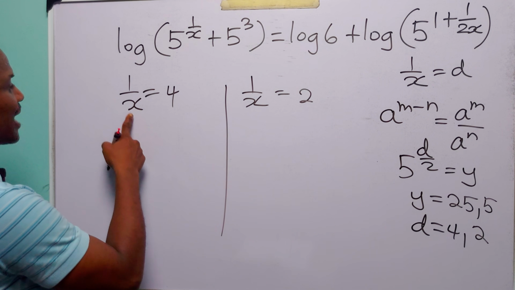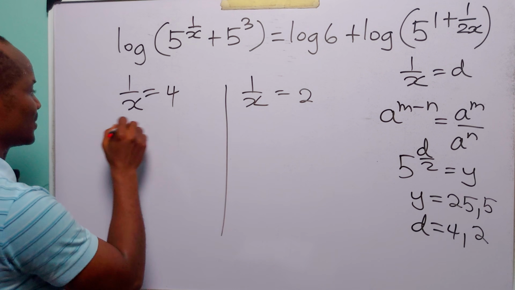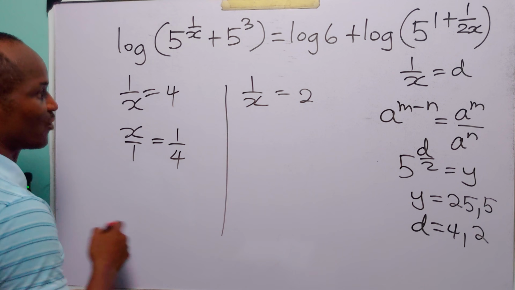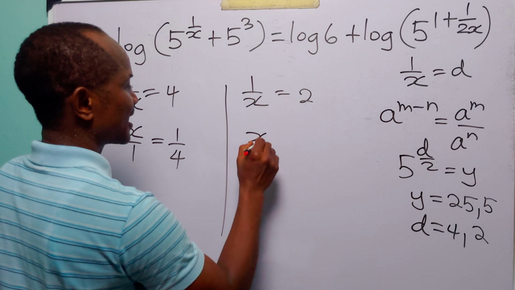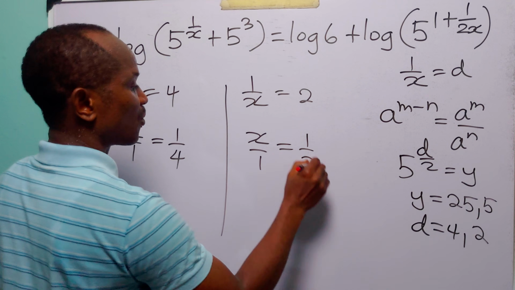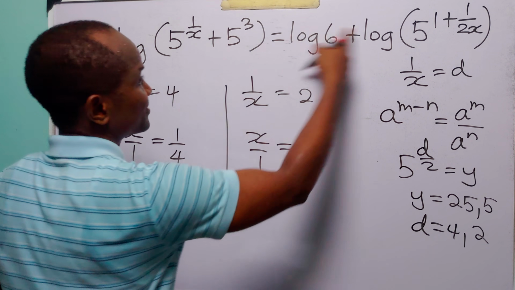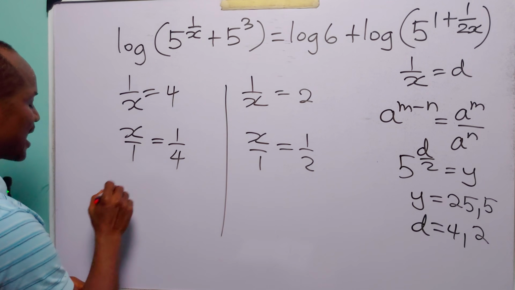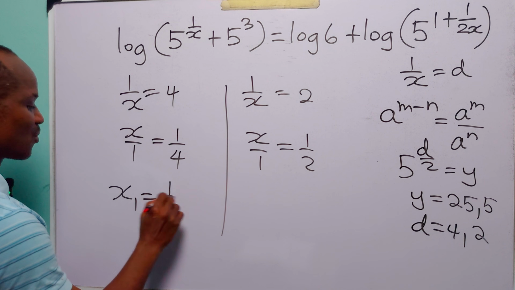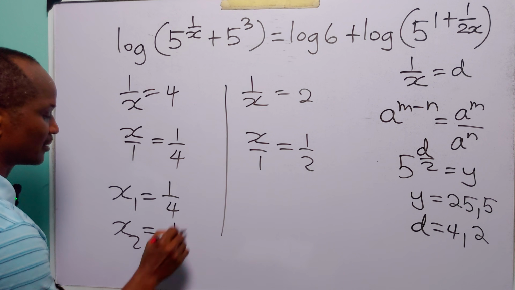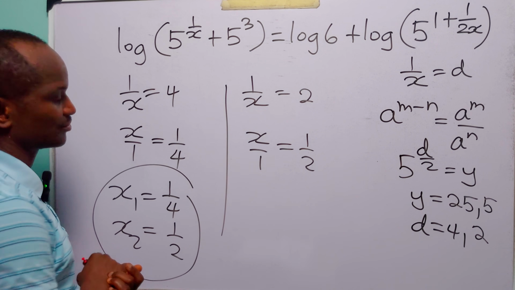Now, taking the reciprocal of both sides of this equation, we have that x over 1 is equal to 1 over 4. And in this case, we have that x over 1 is equal to 1 over 2. So the two values of x that satisfy this logarithmic equation are x equal to 1 over 4 and x equal to 1 over 2.